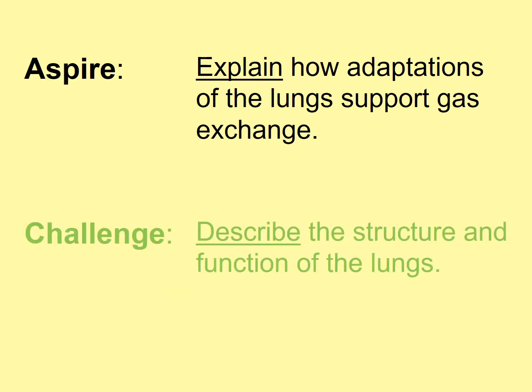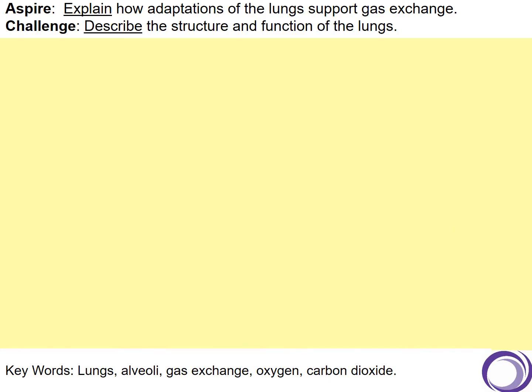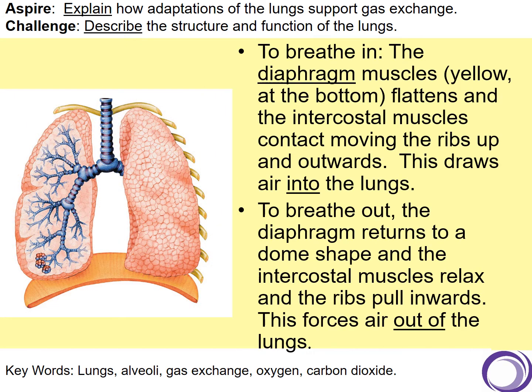So we looked at the structure of the lungs and we should know the function of the lungs. Now we just need to see how it comes together. So this is how you would breathe in. So you've got this muscle just below your lungs, which is called your diaphragm. If you've ever had a stitch when you've been running, what that is, there's a tendon which attaches your diaphragm to your liver. And as you are breathing hard, it stretches.